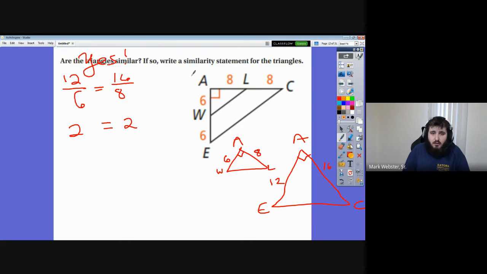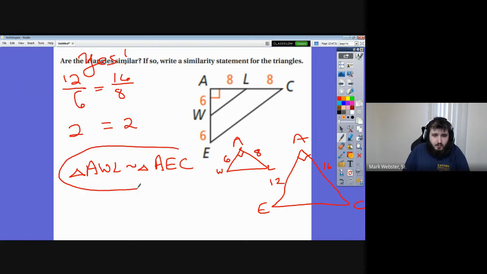So we got angle, side here. And again, make sure that what you have matches. So if we're going triangle AWL, we'd better say that it's similar to AEC. And there we go.